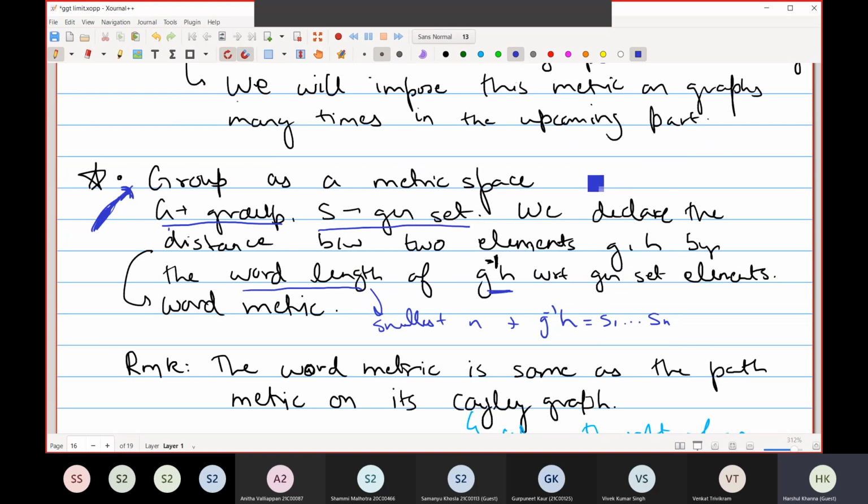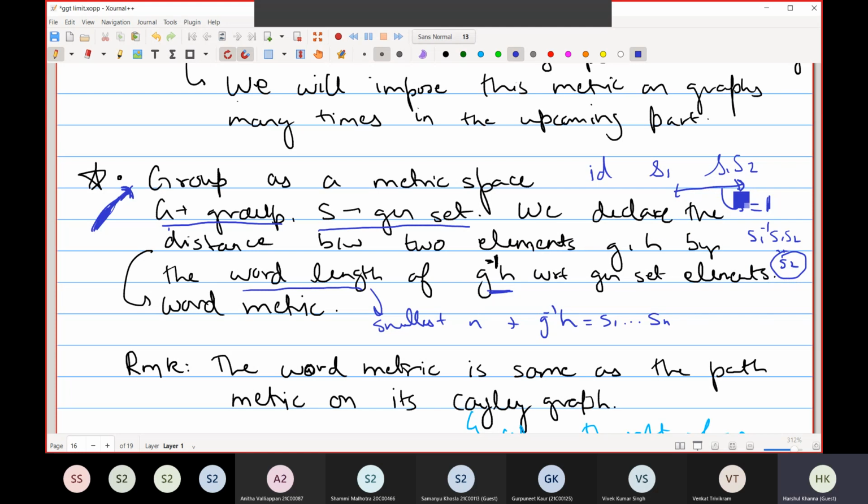For example, I have the identity element, an element S1, and S1 S2. The distance between S1 and S1 S2 is equal to 1, because S1 inverse S1 S2 is S2, and we only need one element of the generating set to represent it, hence this is 1.